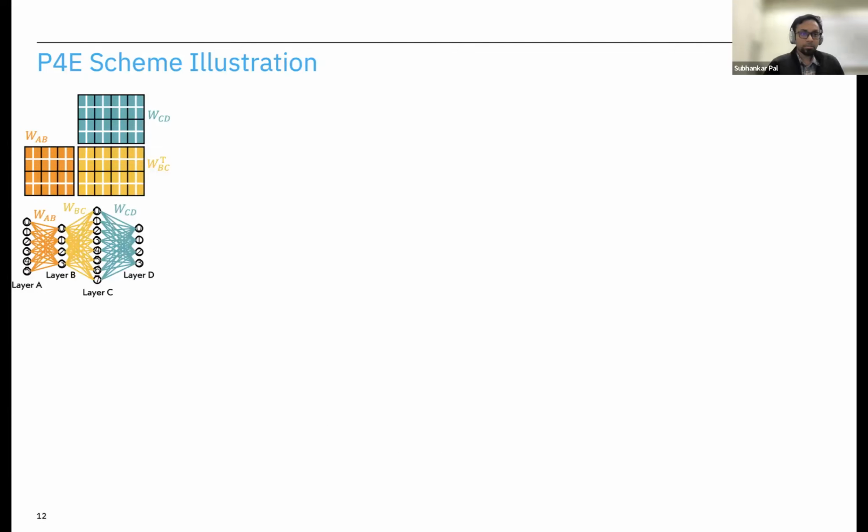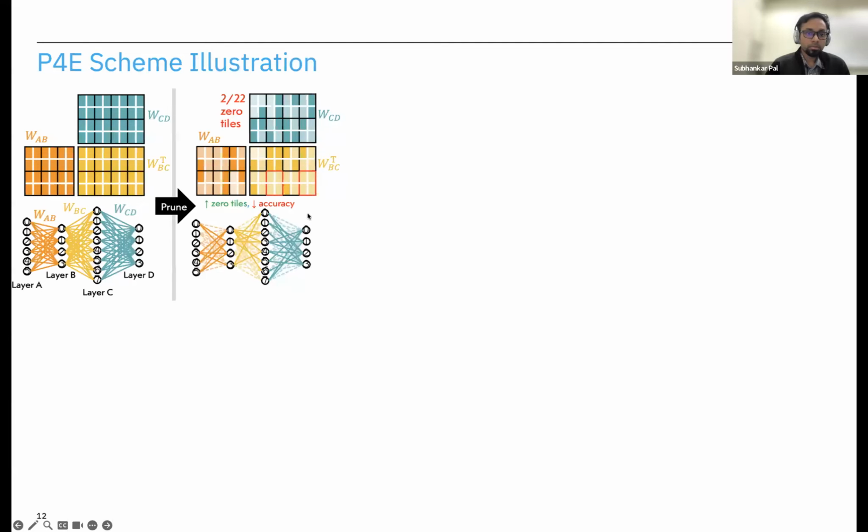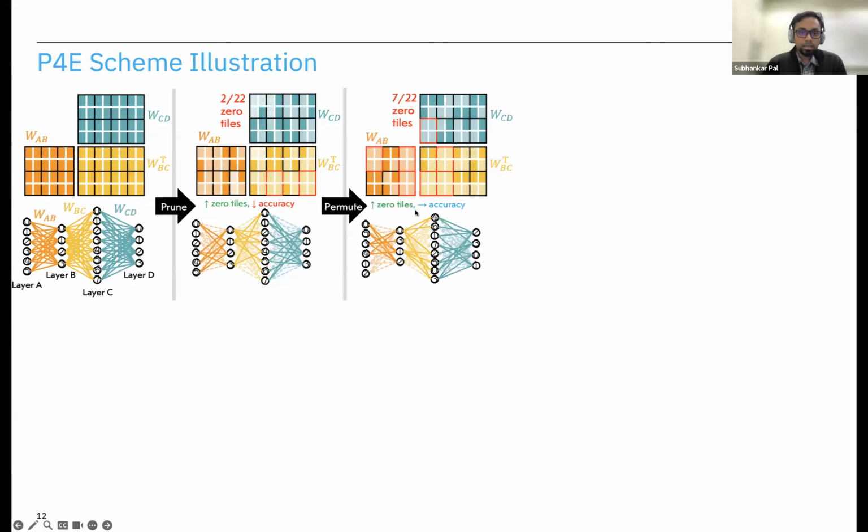Okay, so putting everything together, P4E looks like this. You have the multi-layered neural network here, and the weight matrices are shown here. We first do a prune. Pruning increases the number of zero tiles, maybe reduces the accuracy a bit because you pruned away some values. Permutation increases the number of zero tiles, and does not affect accuracy because it's just reordering the neurons.